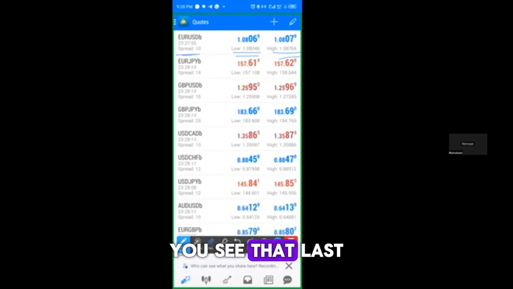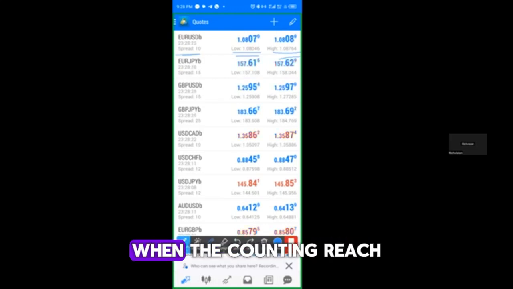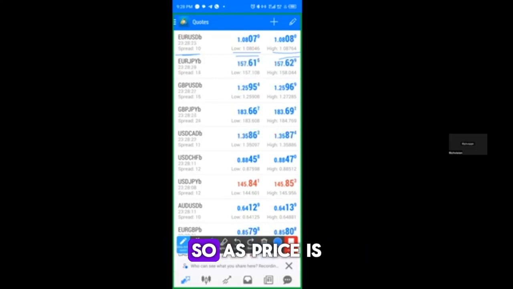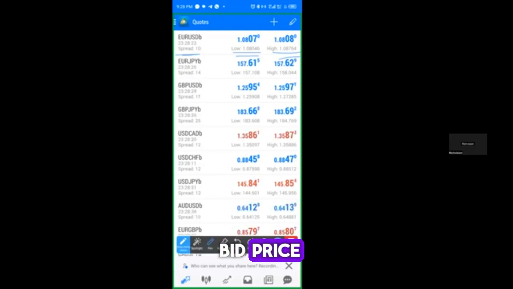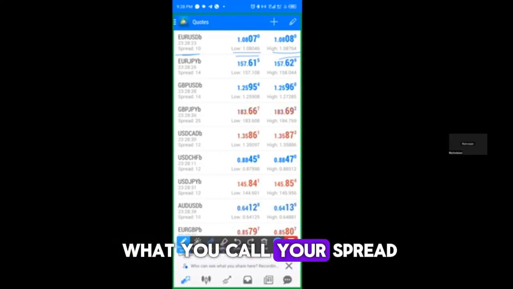You see that last digit, 6. Before that, the 9 on top of it is what they call the pipette. But as small as it is, it is important because it has to count to 10. You can see 6 has changed to 7 when the counting reads 0 there. So as price is moving, it is moving. The difference between the asking and the bid price, I told you, is what you call your spread.